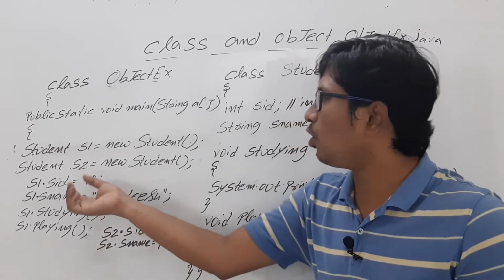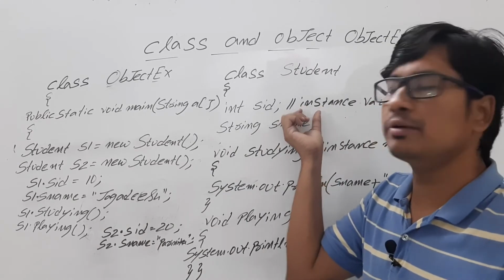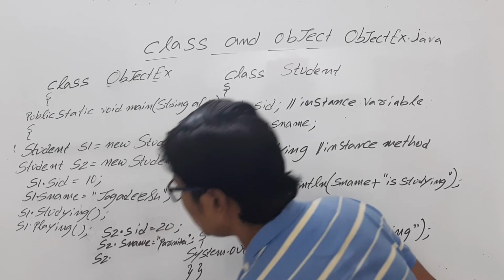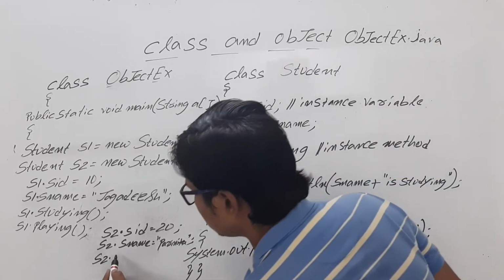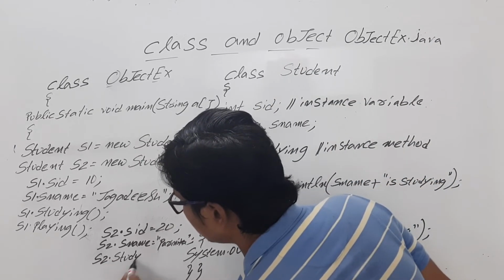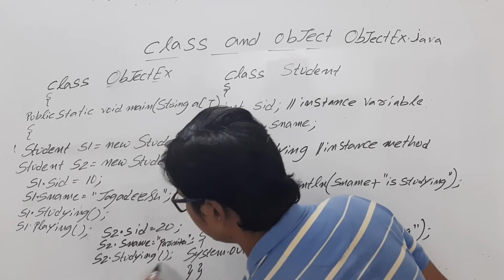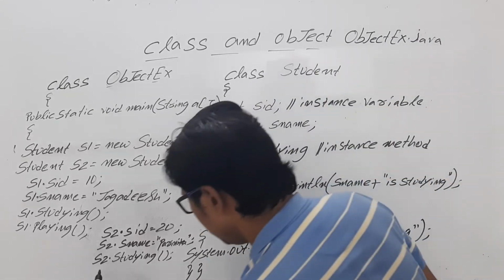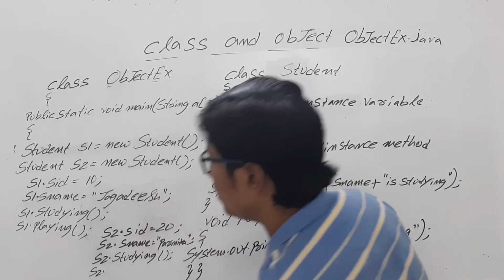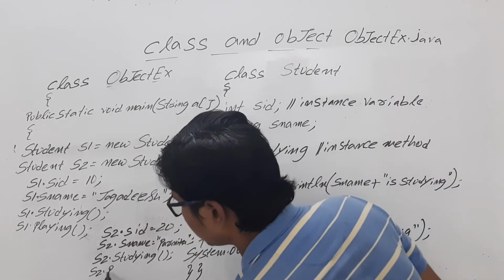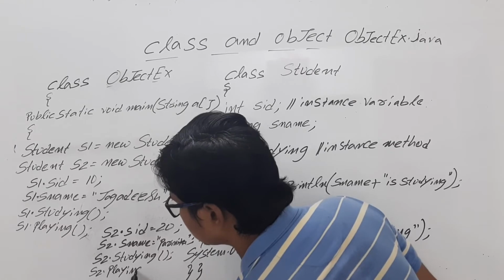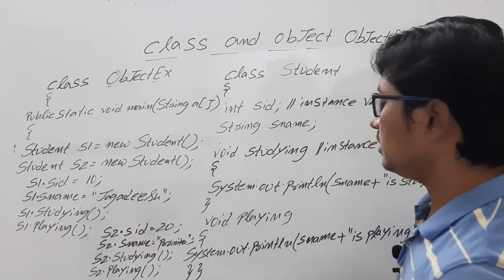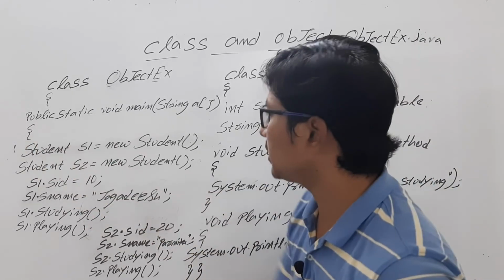That is why I am calling them instance variables and instance methods. Similarly, if you call the method called studying using the object s2, it will display Parnika is studying. If you call the method called playing using s2, it will display Parnika is playing.